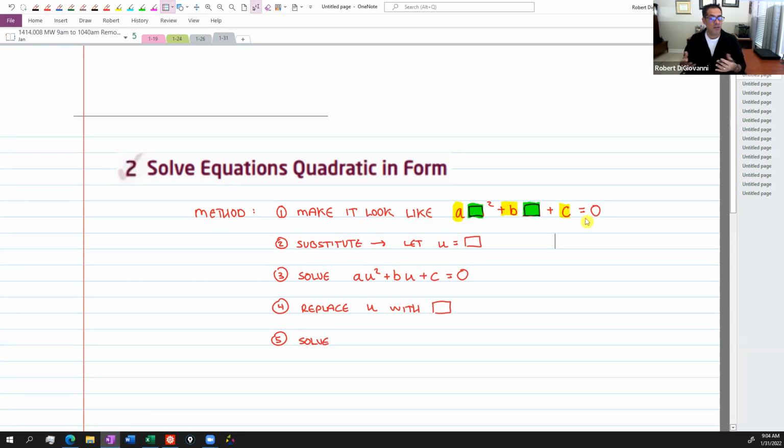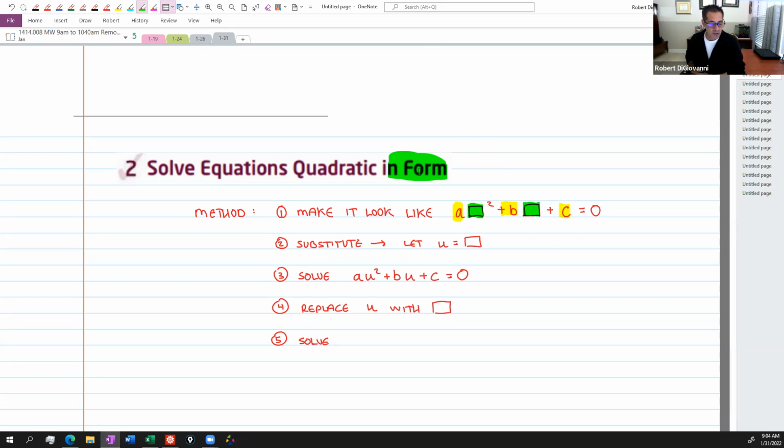So we're basically going to look at an equation and say, oh, this looks a lot like a quadratic. Even though it's not a quadratic, it's going to kind of look like one. And that's where we get this terminology of quadratic in form. So it's not exactly quadratic, but if we look at it just right, it'll look like a quadratic.